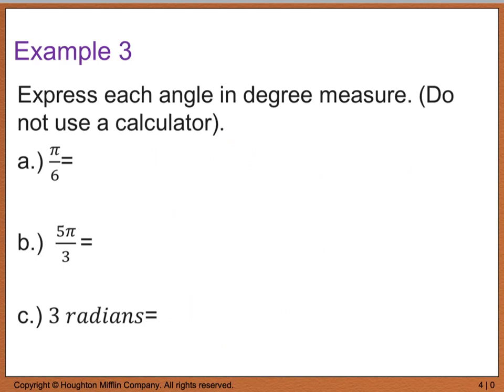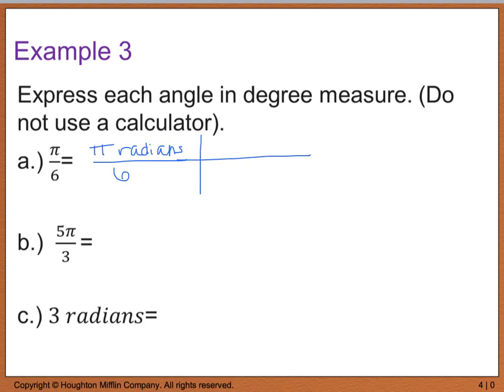Now we're going to do the opposite. Here we're going to be converting from radians to degrees, and I know that I have radians because it doesn't specify. So let's set this up. Here we have pi radians divided by 6, and I'm going to convert that.